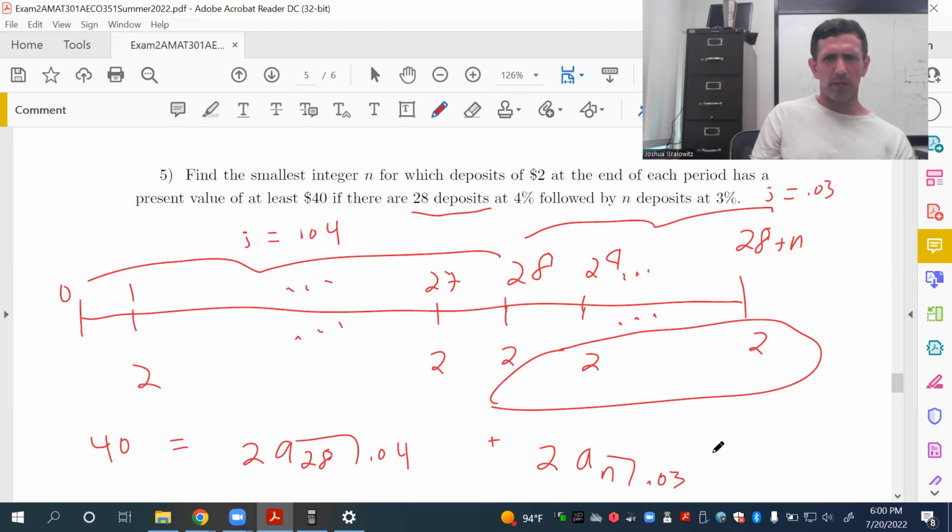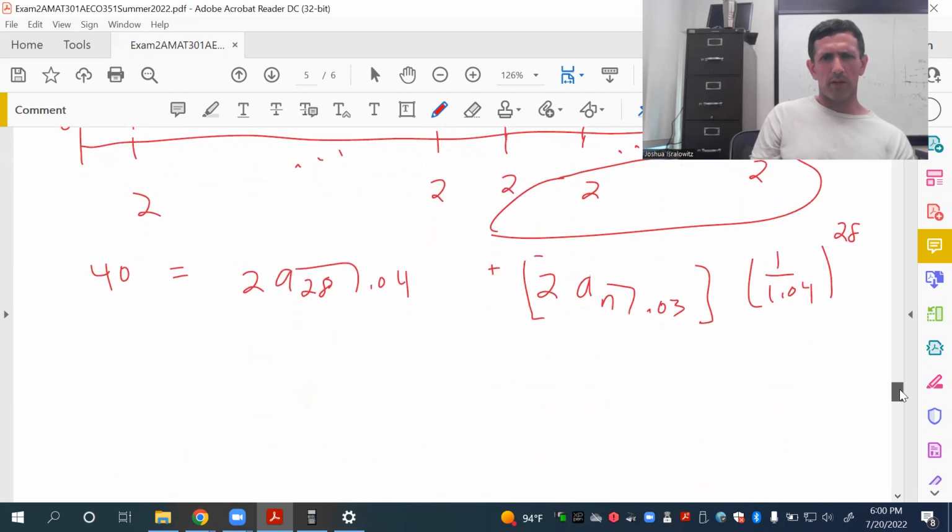At 3%, we have to discount this by 28 periods at 4%. So times 1.04 to the minus 28, or 1 over 1.04 to the 28.